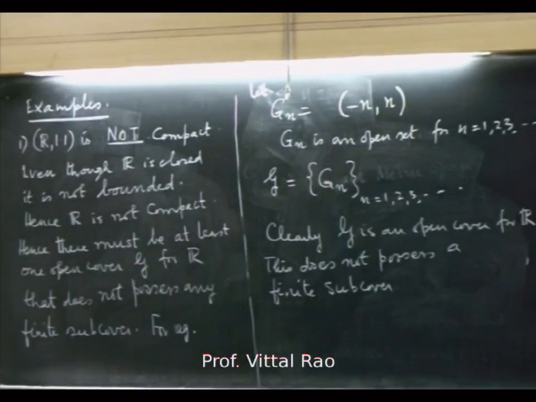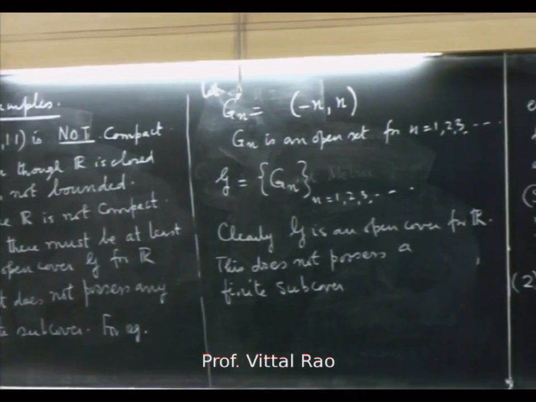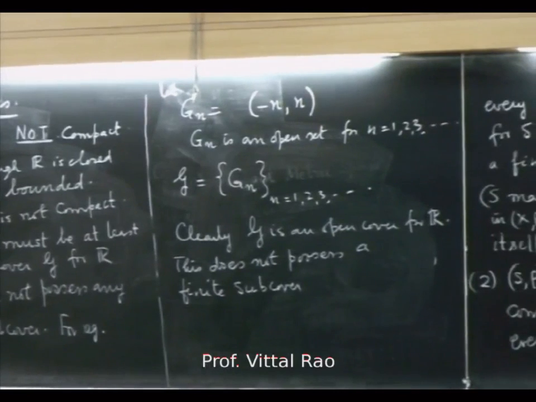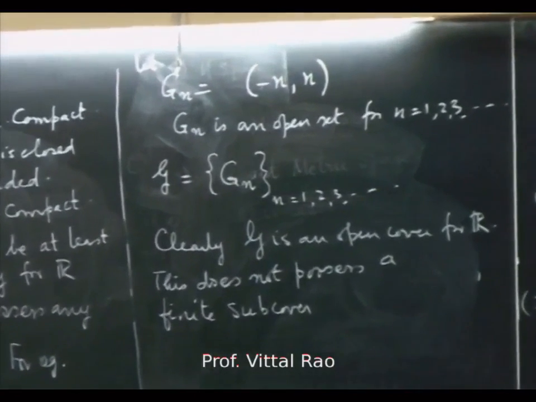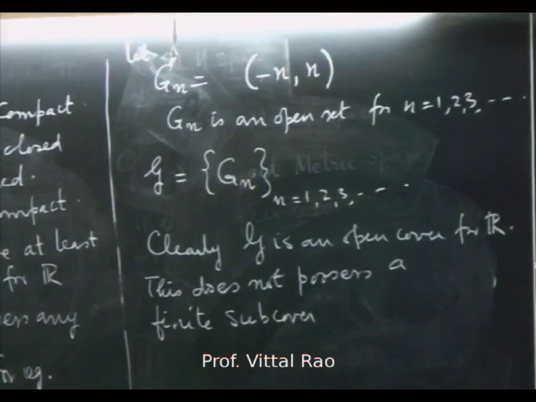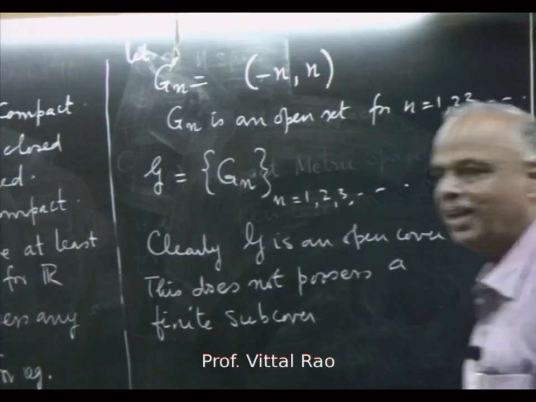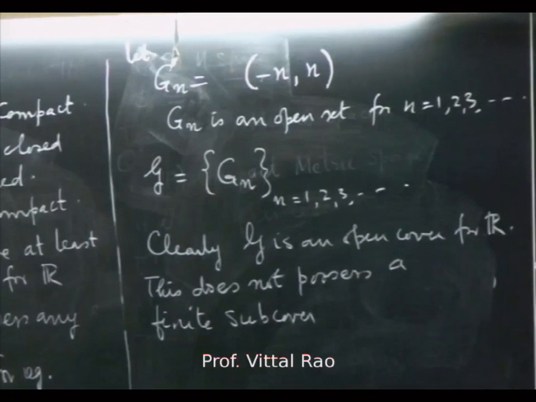If there was a subcover, then all the intervals being of this form, there is one which is the largest interval in that, and that can cover only that large interval. Outside that nothing can be covered. So obviously this cannot possess a finite subcover. So therefore we have a cover for R which does not possess a finite subcover, and hence this is not a compact set.